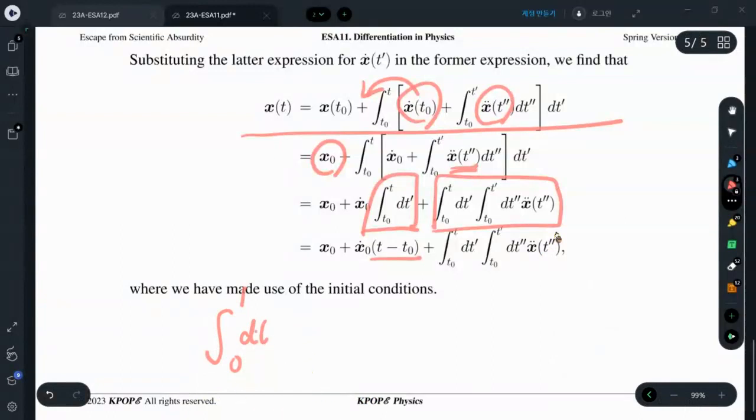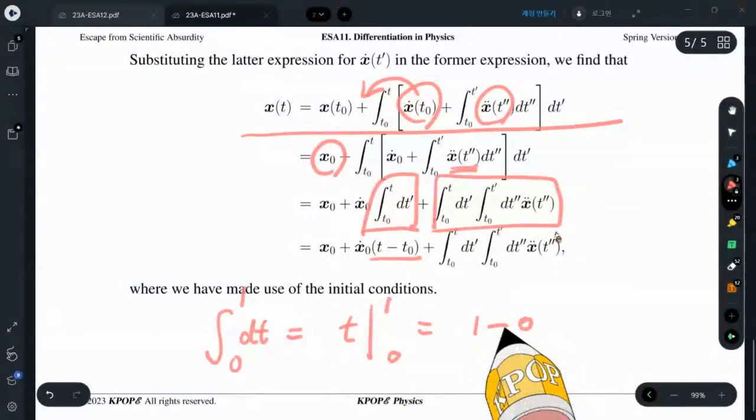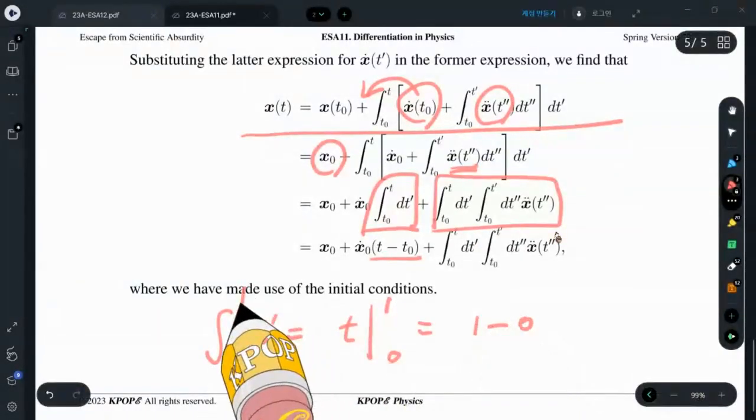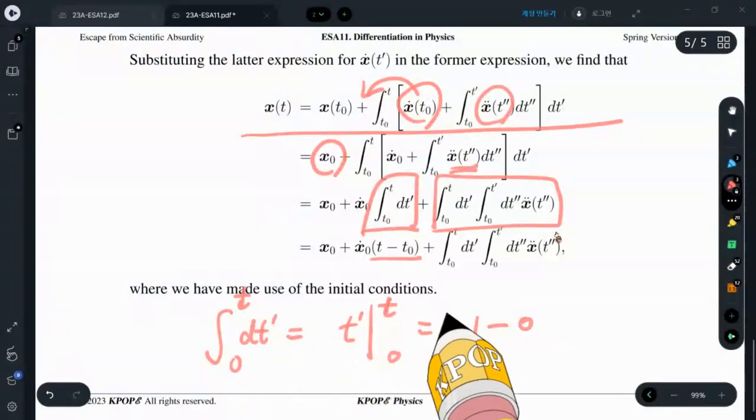0 to t, dt, what's that? This is t, from 0 to t, is it? t minus 0, something like that. So t prime, then it becomes t prime from 0 to t minus 0.